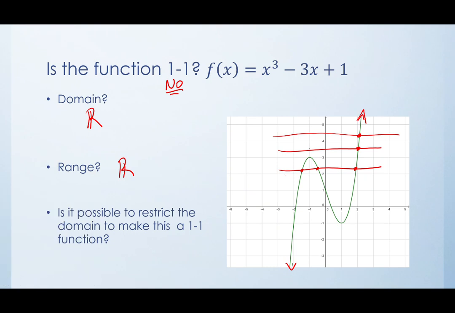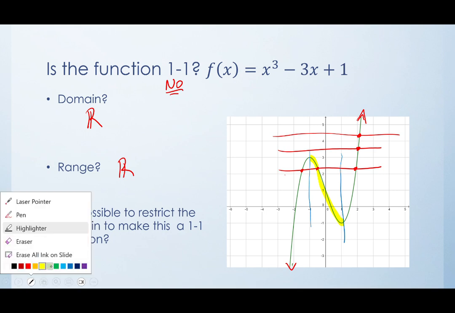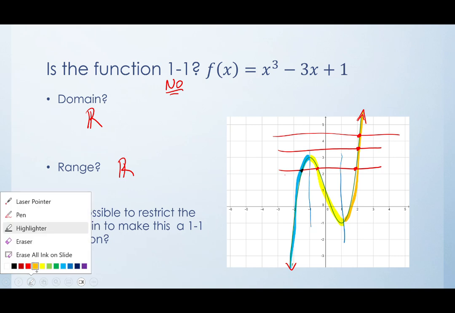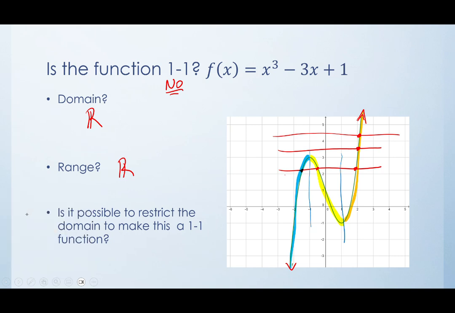I can see that if I look at any one of these three parts, the one in the middle, the one on the left side, or the one on the right side, any one of those three pieces by itself would pass the horizontal line test. So we could restrict the domain to any one of those pieces.